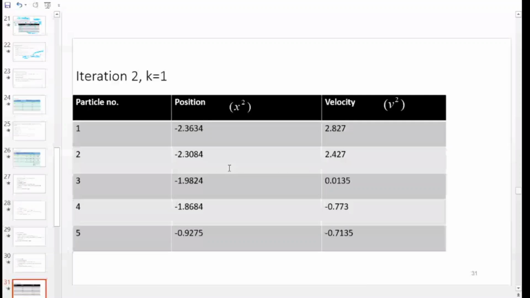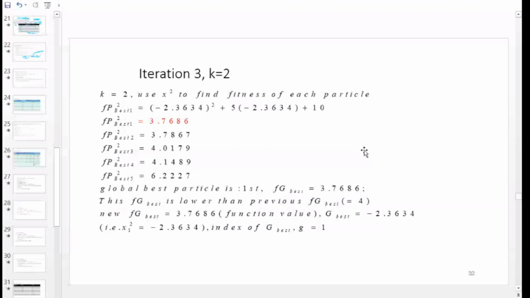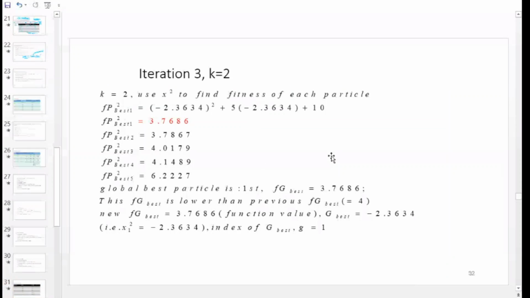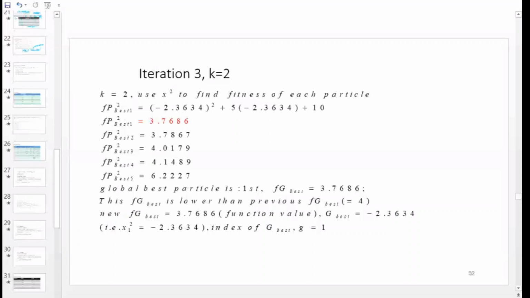So in the next iteration, again use these x values and find the function values, and again compare these values with the values which we obtained in the last iteration, and the same procedure is repeated until we get the solution. So this is the iterative method, right?